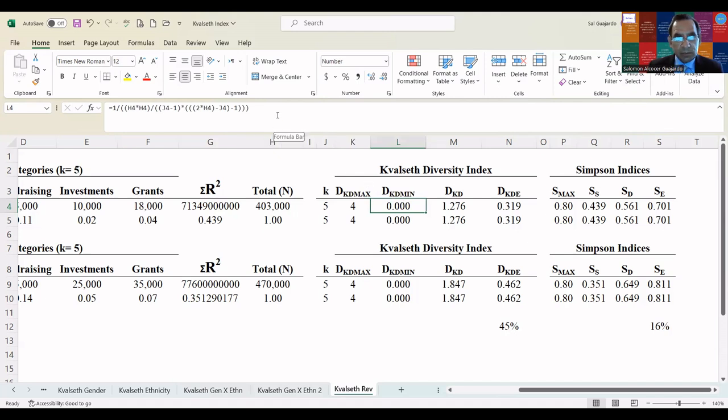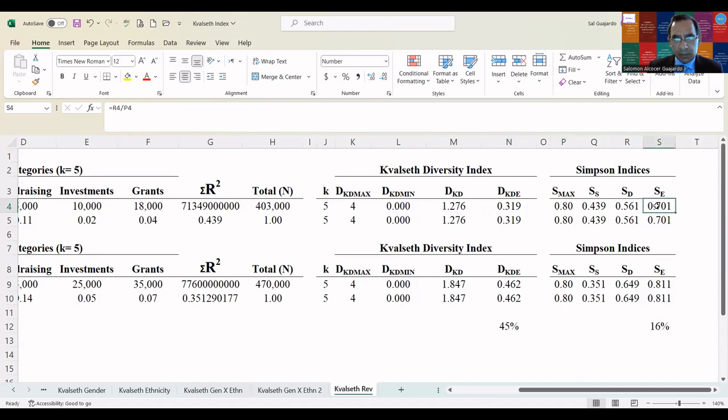And the minimum value is obtained with this complex formula. Here the numbers are extremely huge, so I get a minimum value of 0. So to obtain the Kvalseth evenness or standardized score, it's 1.276 divided by 4. That gives me a value of 0.319. And again, that 0.319 indicates that 32% of the maximum value of 4 was obtained.